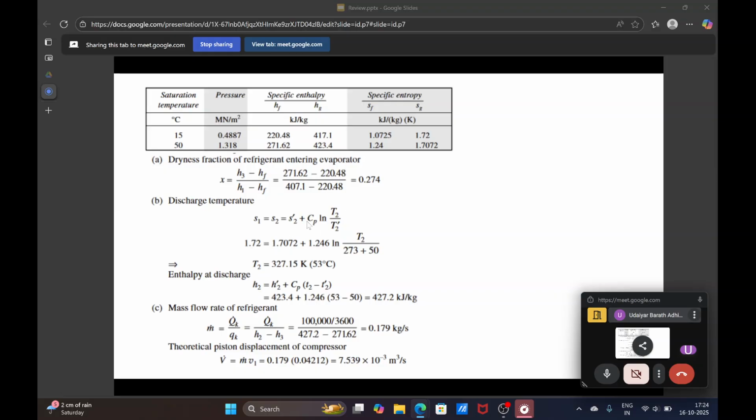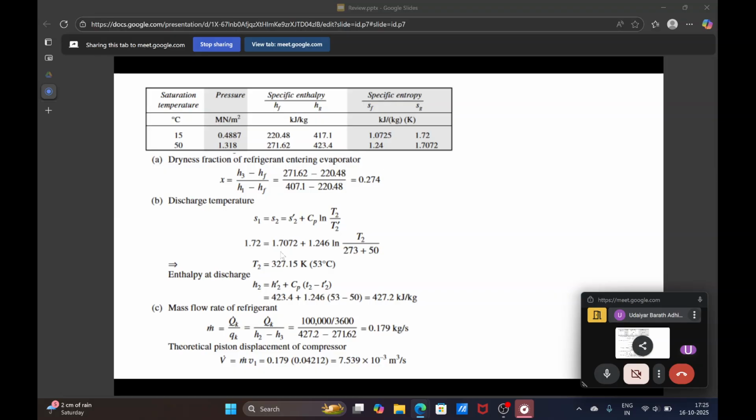So S1 is S2 dash plus Cp ln T2 by T1. S1 is 1.72, which is saturated vapor corresponding to 15 degrees Celsius, and at S2, because your temperature is much higher than the saturation temperature, you are in the superheated region.